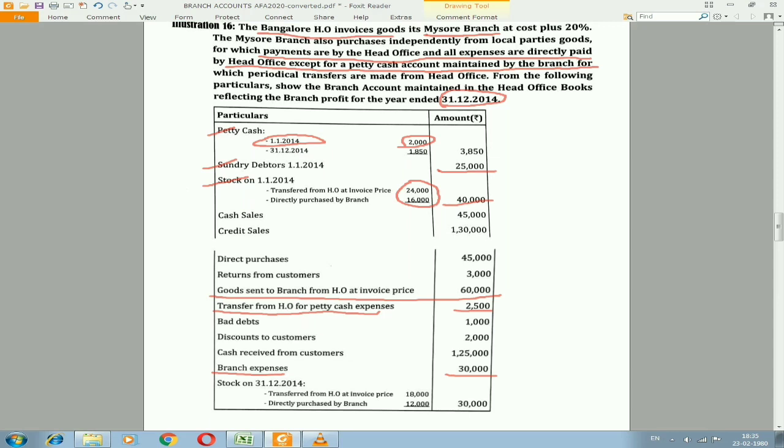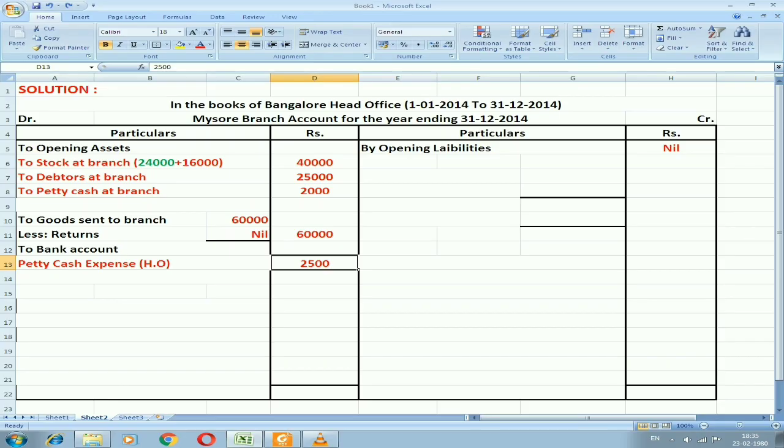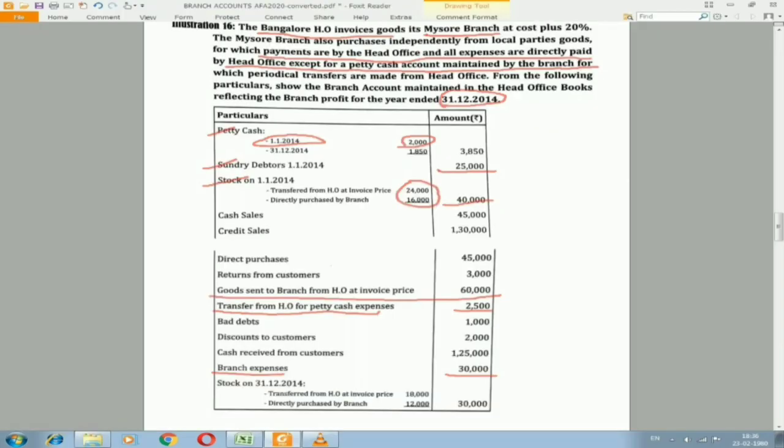They have said whatever expenditure may be met by the branch, that will be paid by the head office definitely. That is the reason I have entered here branch expenses, which is definitely paid by the head office, amount of rupees 30,000.